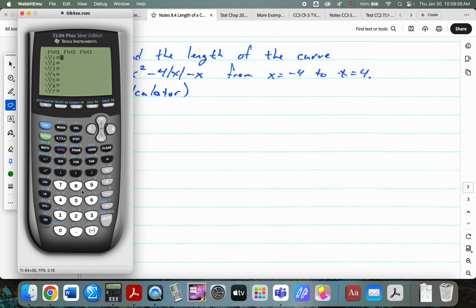So it was x squared minus 4 times the absolute value of x minus x. I'll do a zoom standard to start with. And then I'm going to change that so that I'm only looking from negative 4 to 4.